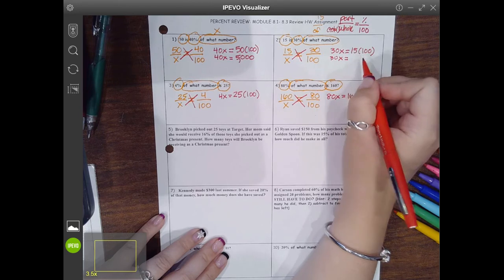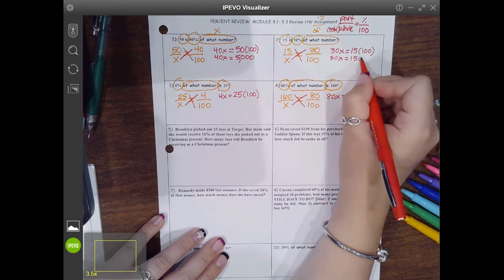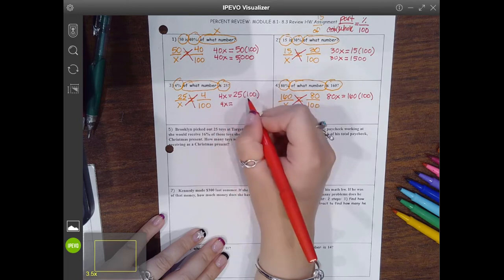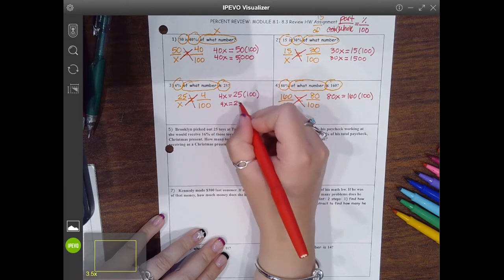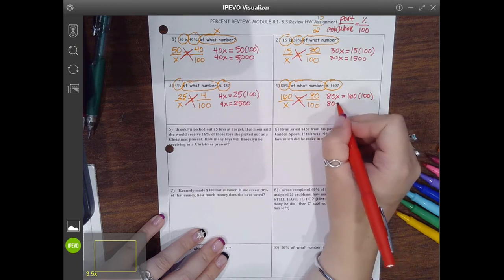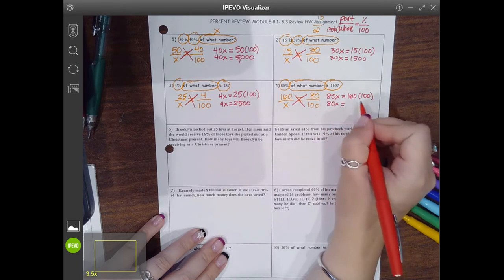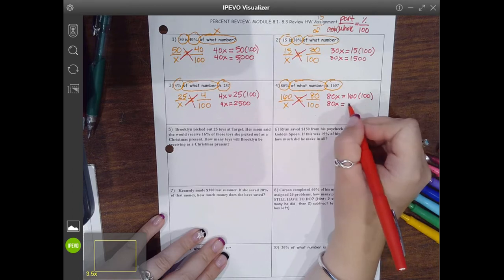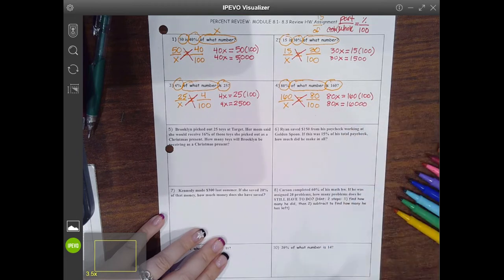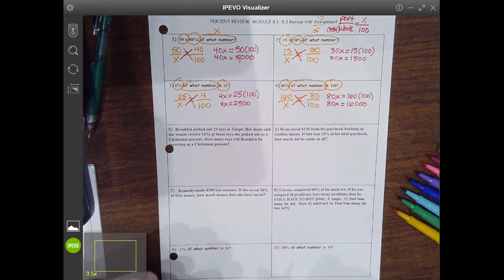And then 15 times 100 is 1,500. 4 times x, bring down. 25 times 100 is 2,500. 80 times x, bring down. 160 times 100, well, 16 times 1 is 16, and you tack on 1, 2, 3 zeros. And remember, we can use a calculator for this section as well if you couldn't do those in your head.